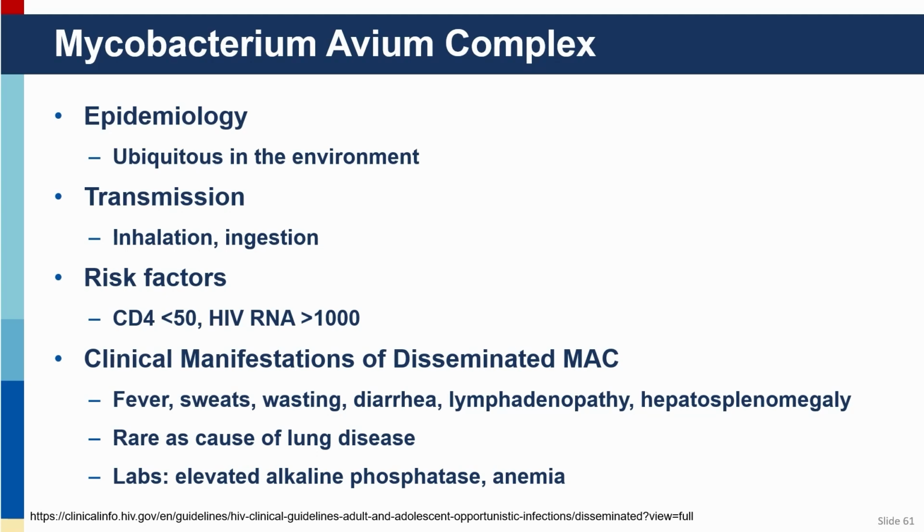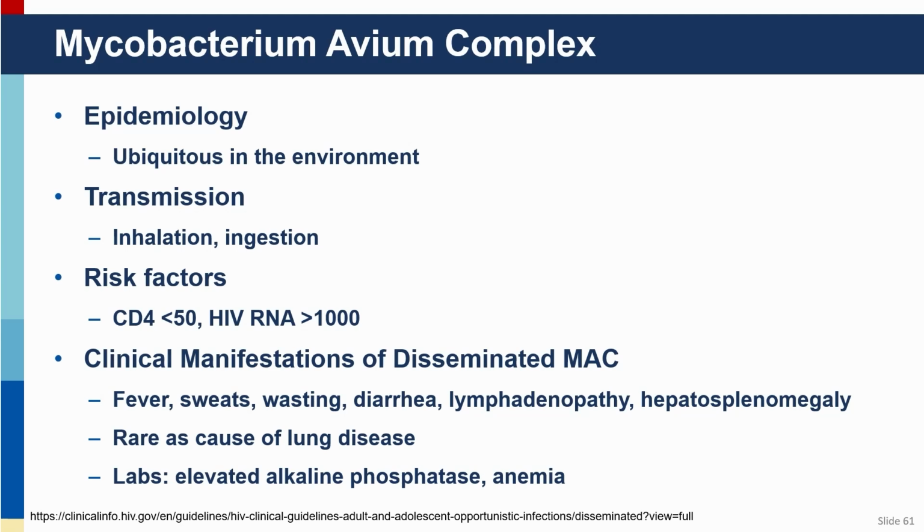So just a couple of words about Mycobacterium avium. It's interesting that in the 1980s, we saw a lot of disseminated MAC, and for reasons that at least are not clear to me, we don't see that much anymore. Part of it may be that people are not living with low CD4s for as long as they did before. But this organism, just to remind you, is not like TB.